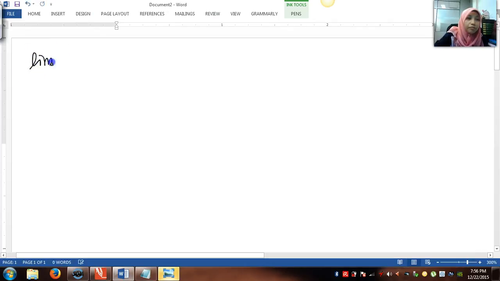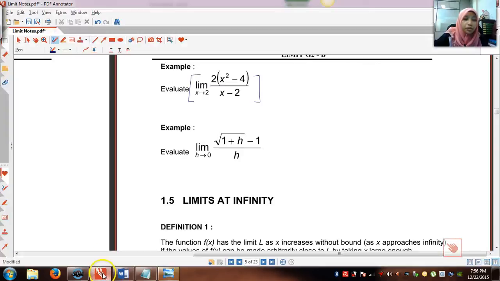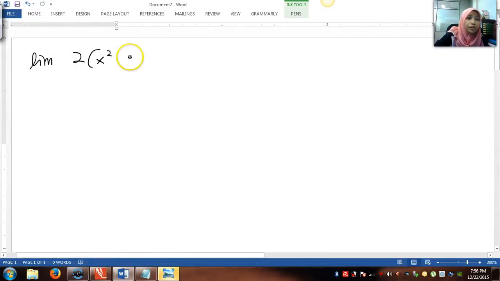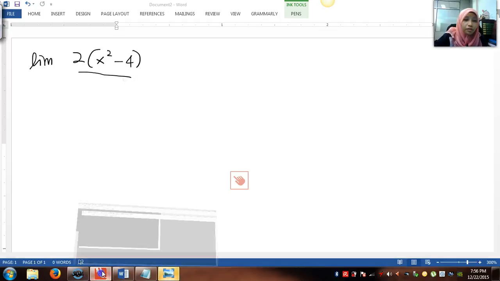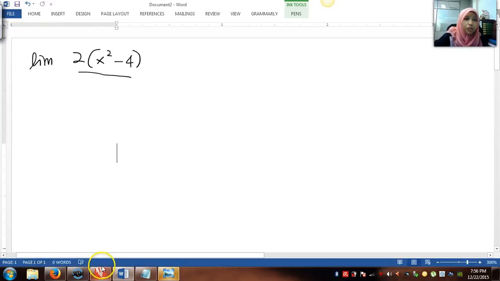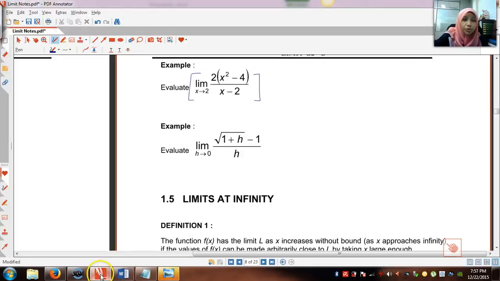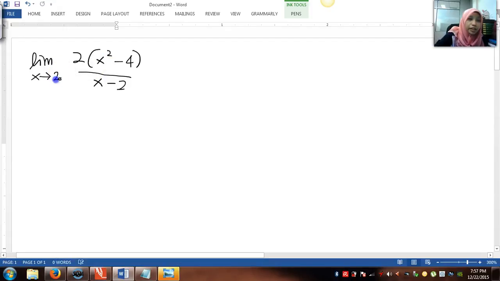So the limit of (2x squared minus 4) over (x minus 2), as x approaches 2. So how to solve this? By using the theorems previously.